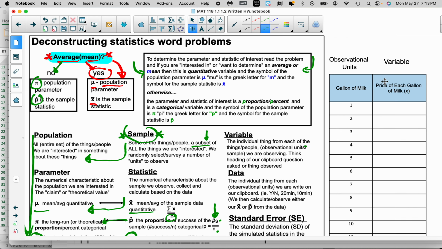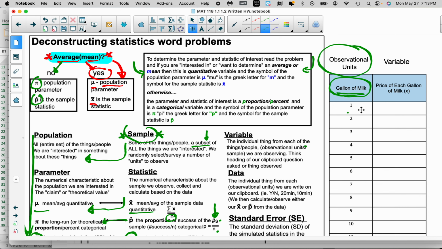I like to give students a sort of visual with regard to a clipboard. So from our written homework, we had the problem that we were interested in the average price of milk at all gas stations that sell milk. So from there, we took a sample. So let's say we sampled 12 gas stations, and we looked at each gas station we're observing a gallon of milk, all right?